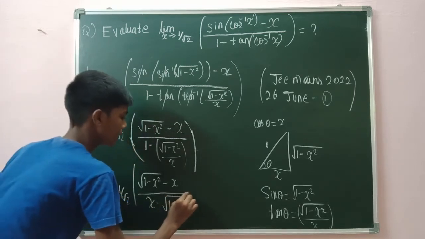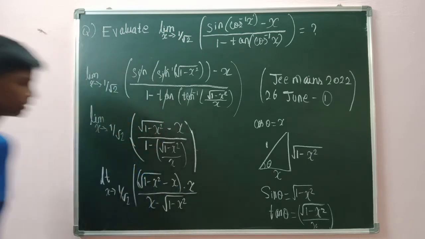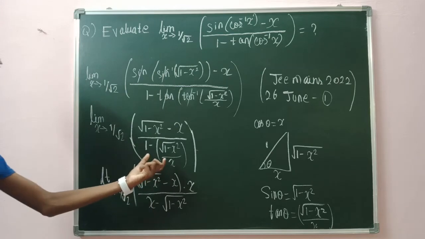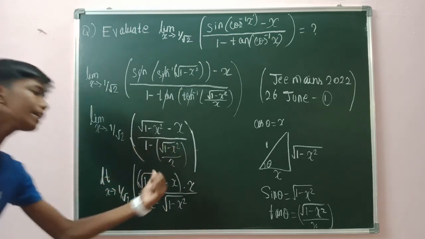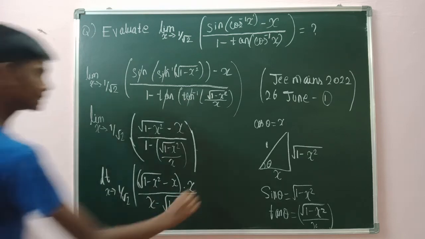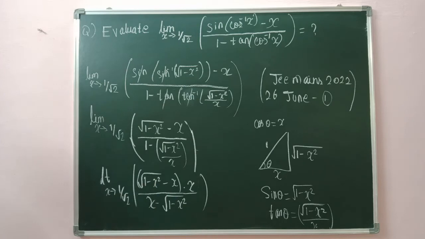So I can take that x to the numerator and we'll get this into x. Correct now? So when I take LCM with the denominator, we'll get this x minus root of 1 minus x square by x. That x I'm going to take to the numerator. Very simple task. So now people, root of 1 minus x square minus x by x minus root of 1 minus x square will be minus 1. Basic way of solving it.